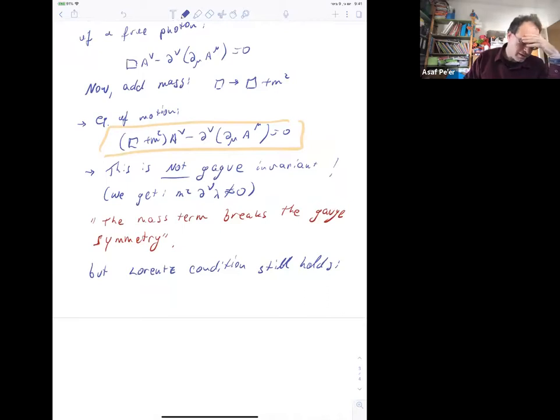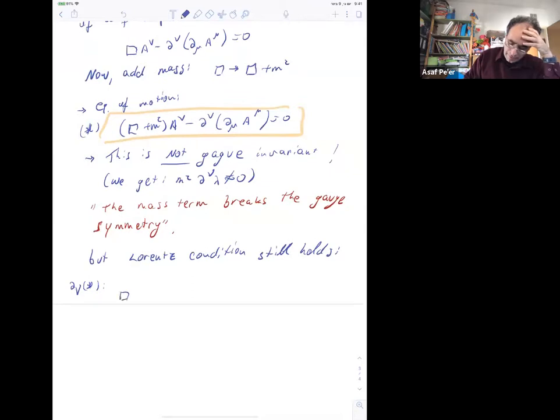So if I just take a d_nu of this equation, then we have the D'Alembertian plus m squared, d_nu A^nu, minus d_nu d^nu d_mu A^mu, is equal to 0.